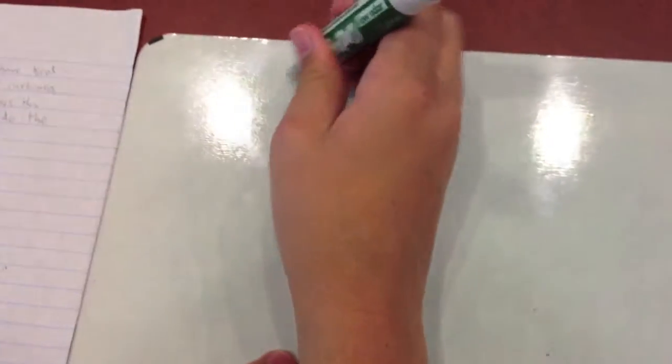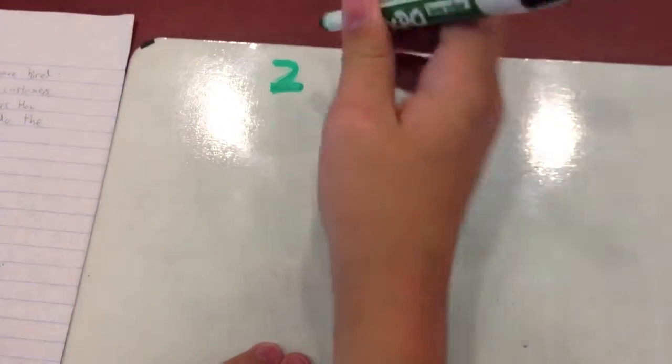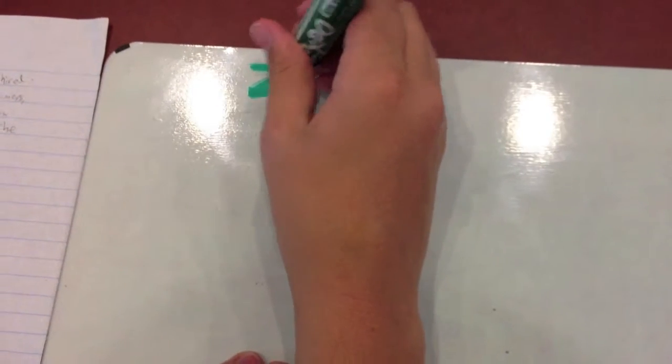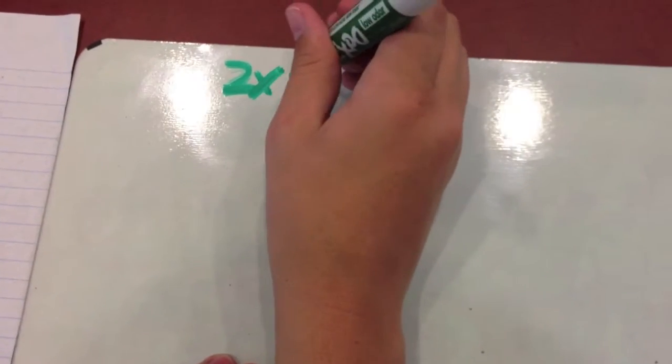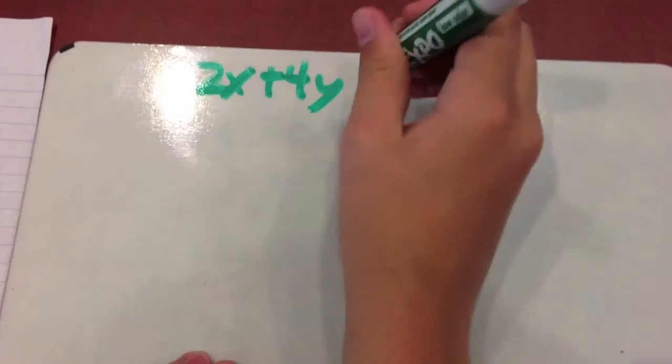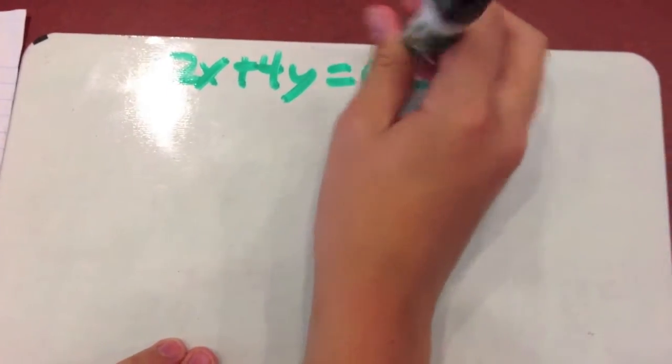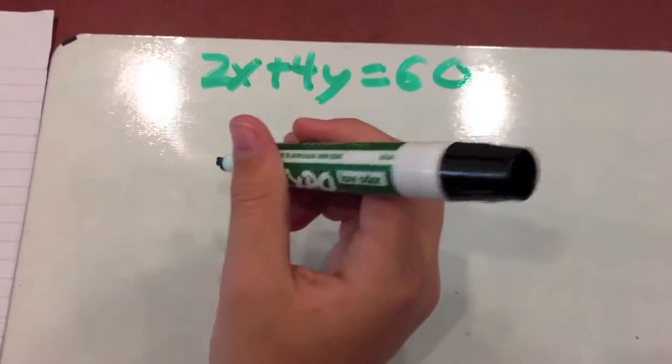Our first equation is going to be for 2-seat tables, so 2, and then the 2-seat tables are going to be x. So 2x plus 4y equals the 60 people we have.